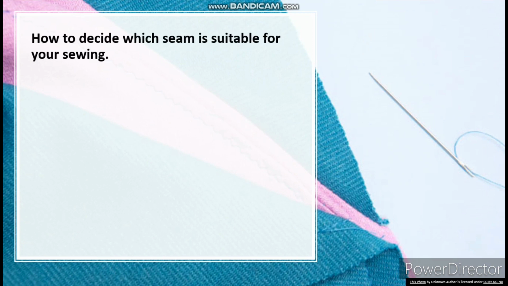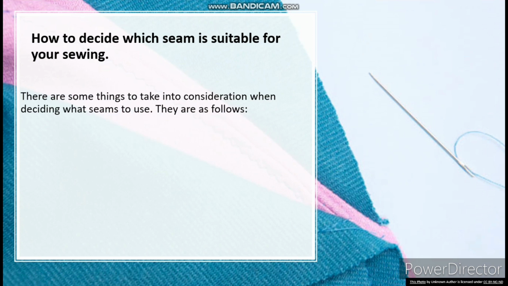How to decide which seam is suitable for your sewing. That is, what type of seam can I use for my sewing or to make my dress? There are some things to take into consideration when deciding what seams to use. So you have to take these following points into account before you decide the seam that is suitable for your sewing.